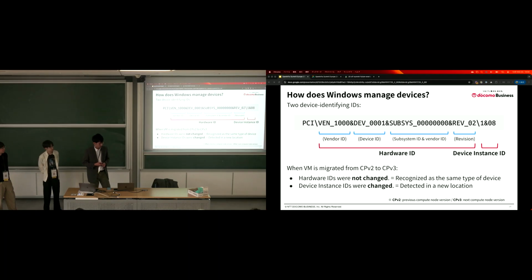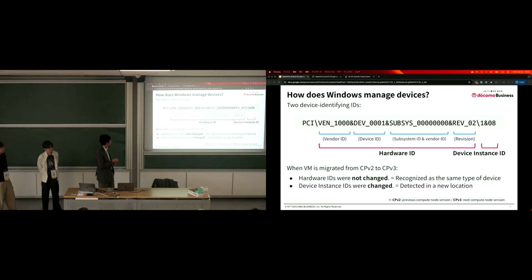So, for device recognition, Windows OS manages and caches two distinct identifiers. The first is the hardware ID. That is composed of elements like vendor ID and device ID and so on to define the specific type of hardware.